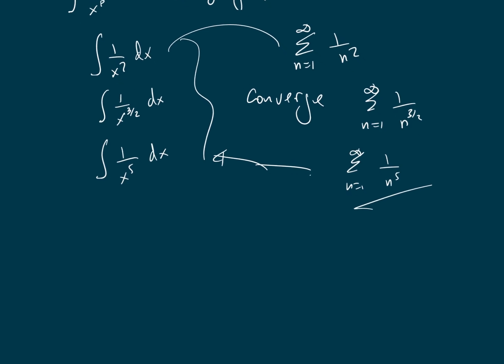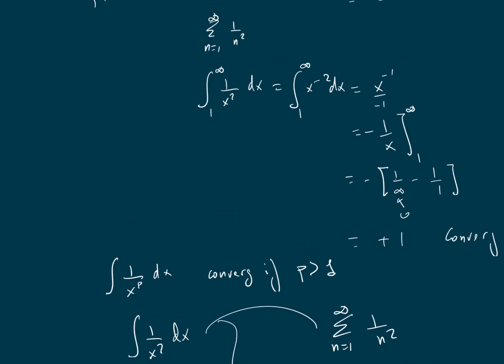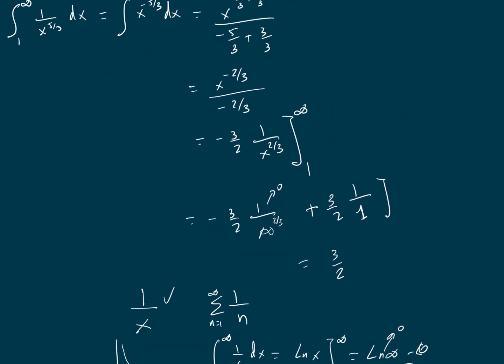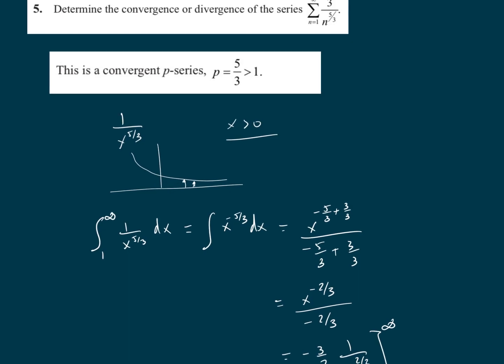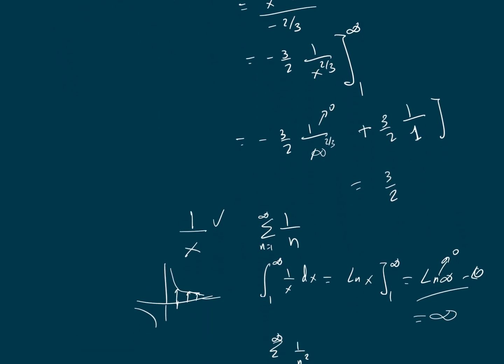What happens with the integral of 1 divided by x^(1/2), for example? This integral diverges. Why? Well, we did it with x^(5/3). 5/3 converges because it's bigger than 1.